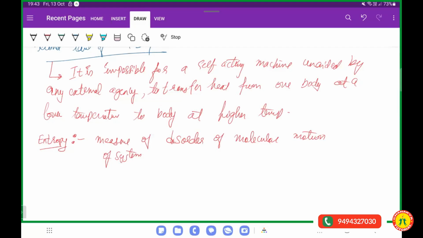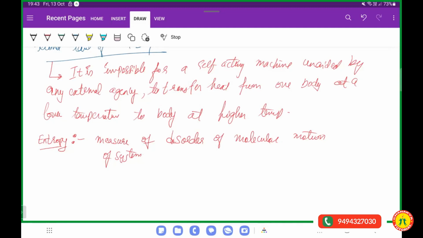See, what we wrote here: it is a measure of disorder of molecular motion of a system.